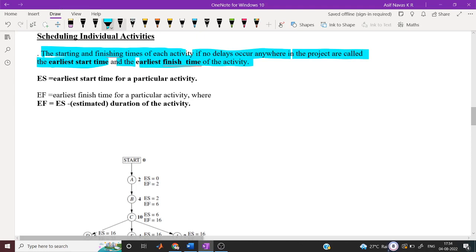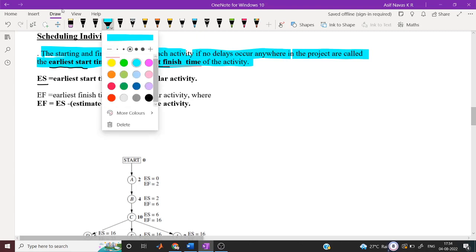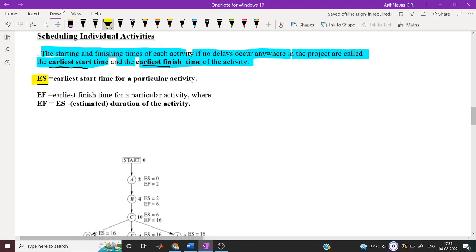So we will represent them by ES, the earliest start time, and EF, the earliest finish time of a particular activity. Now EF is equal to ES minus duration of the activity.